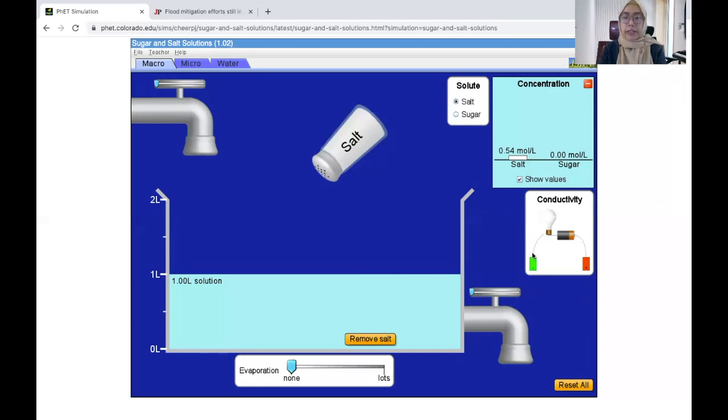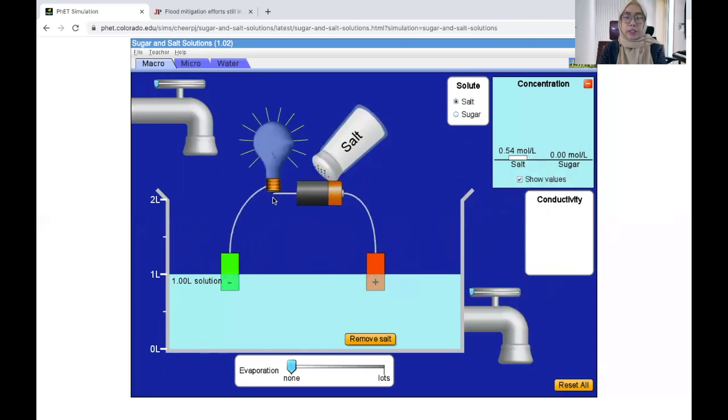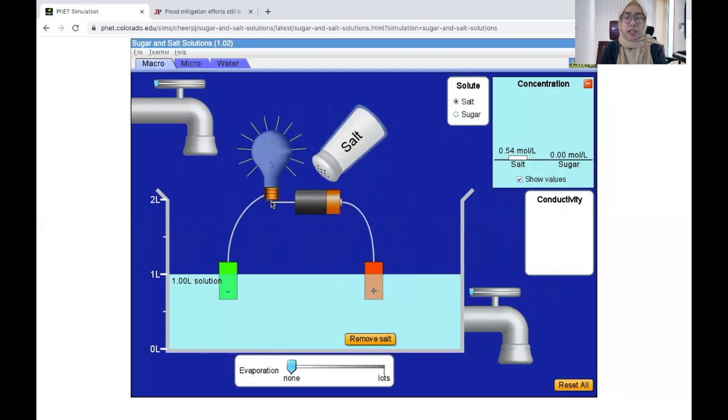It contains metal, and the lamp. When we put this one into the salt solution, can you see that this lamp is on? Because the lamp is on, this solution can conduct electricity.